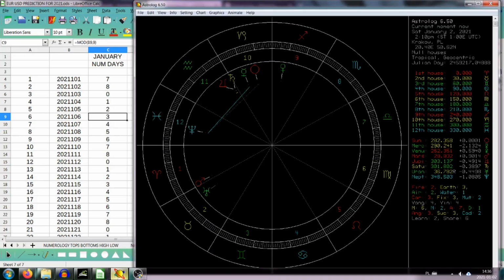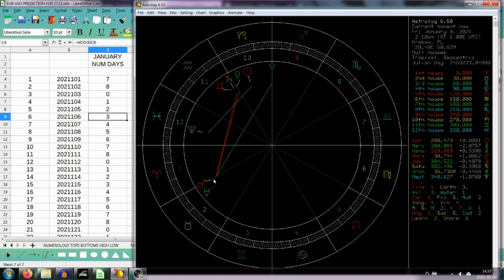I get the astrology. I know that the date of 6 is here. I just want to show you what's going to happen on 6. We know that numerological 5 is on 8th of January. What's happening on 8, my friend? Here we go, 8th of January, numerological 5. Venus is getting from Sagittarius into Capricorn.